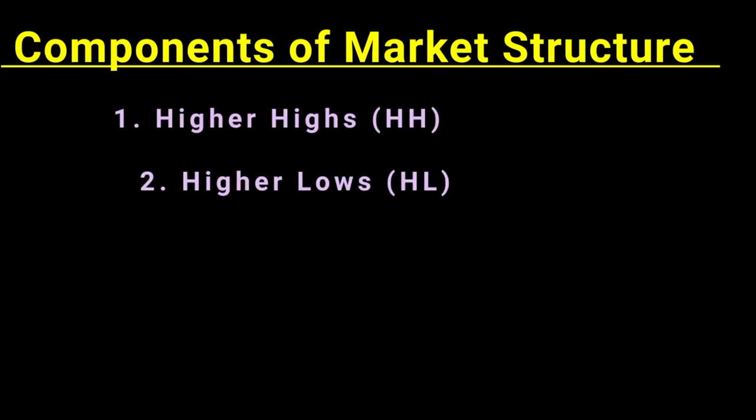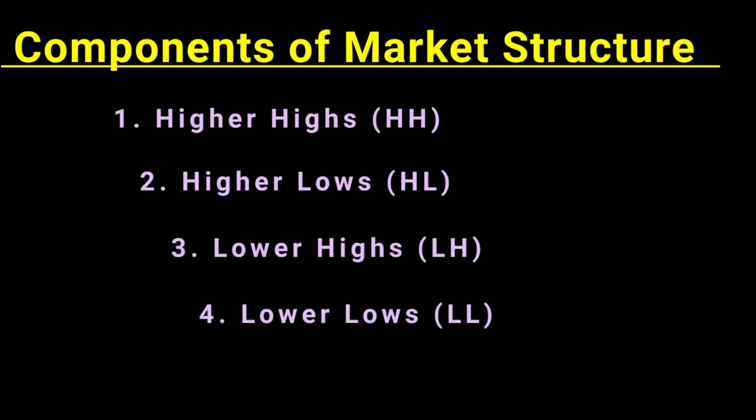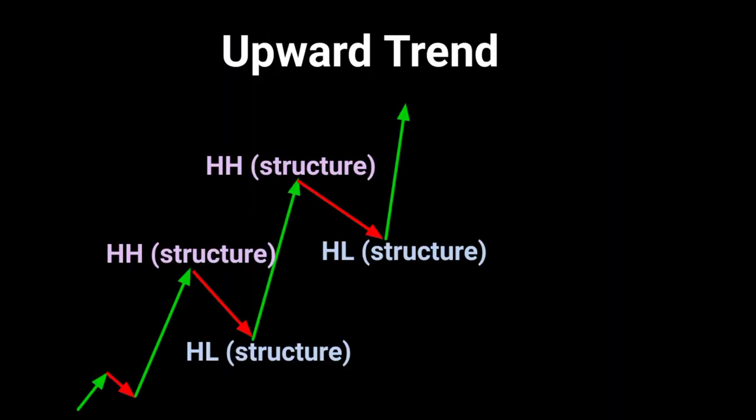So there are 4 things that make up market structure: higher highs, higher lows, lower highs, and lower lows. So in an upward trend, the trend is characterized by higher highs and higher lows. And those higher highs and higher lows are the structure in an upward trend.